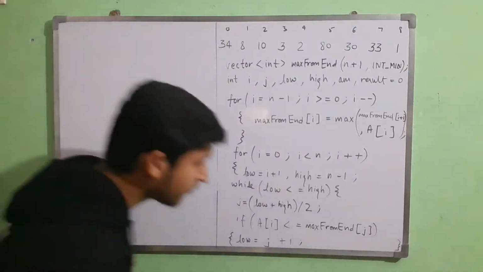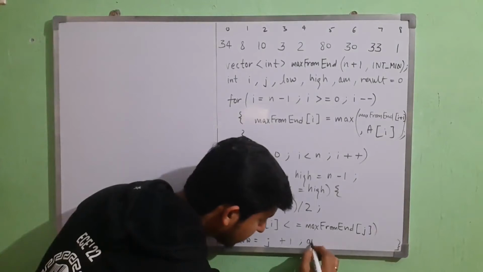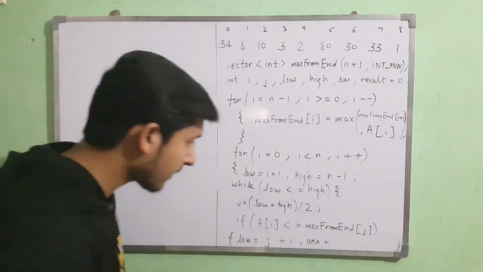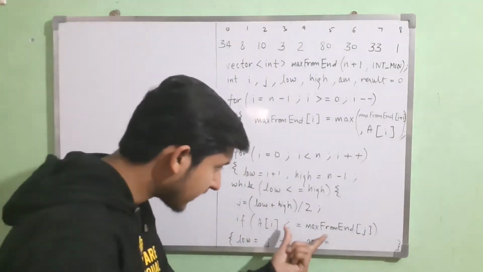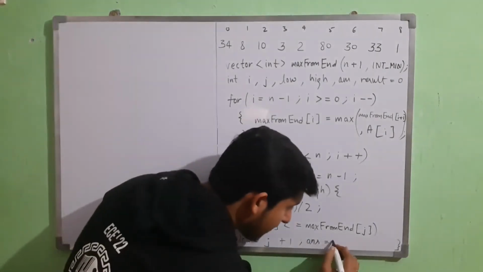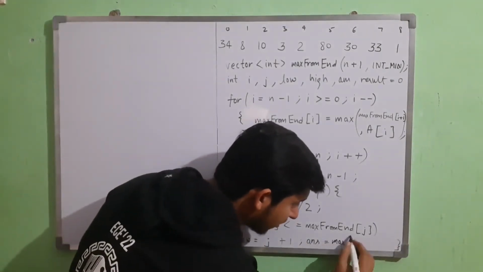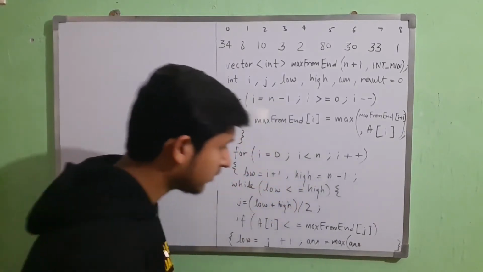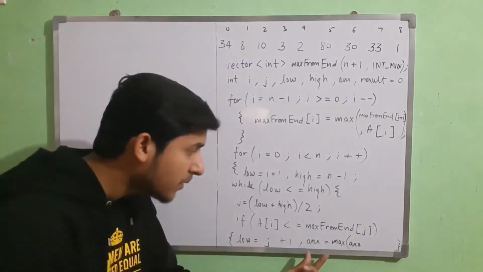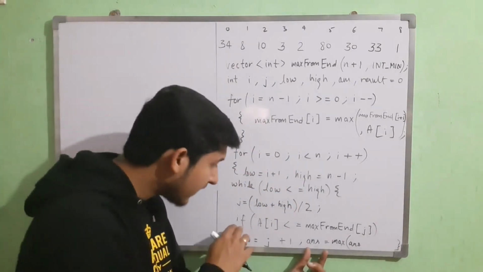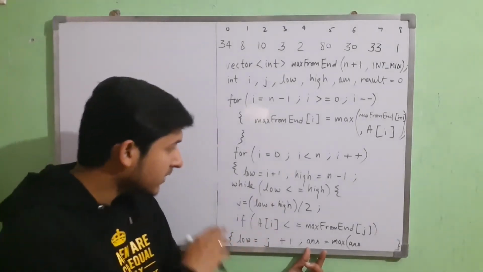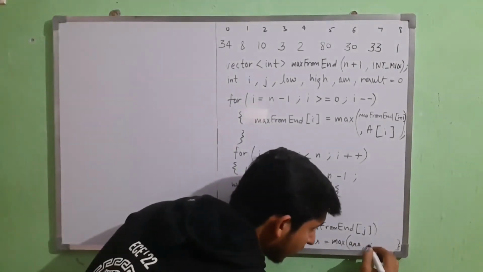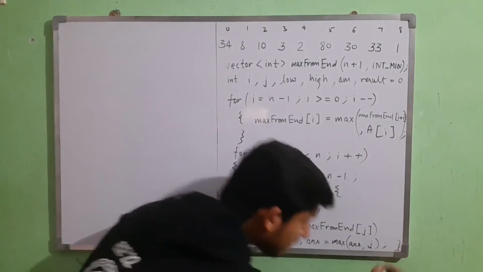Alright. And my answer for this current case will be, now this condition is satisfied, so answer will have the maximum of answer and j, because there may be a lot of times I will encounter this condition since here is a while loop, so answer should be updated like this.